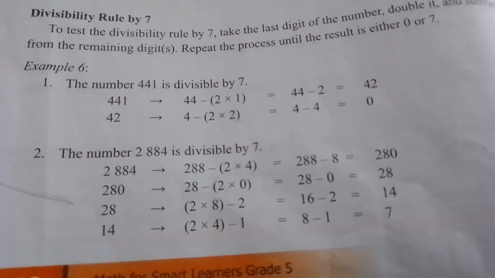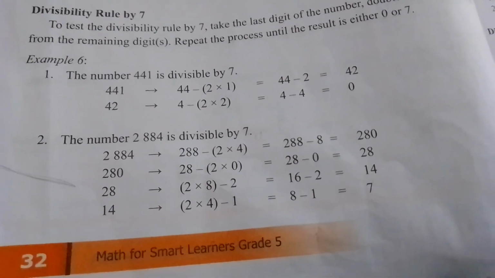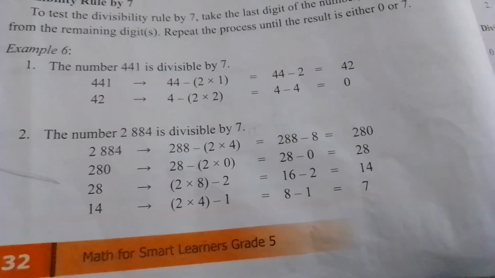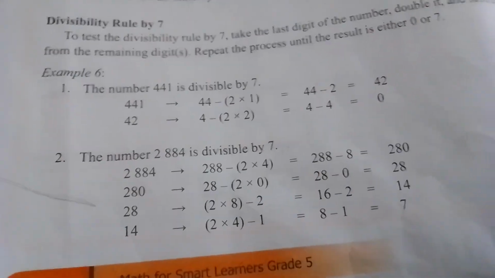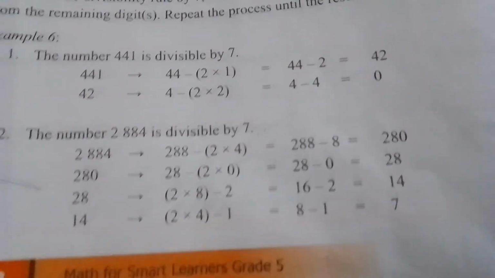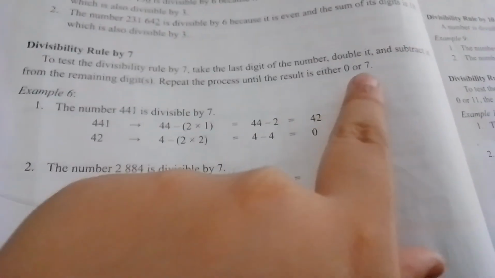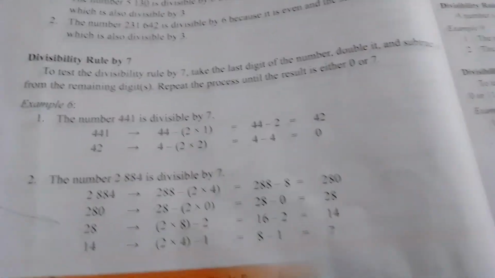Now we have 28. Then 2 times 8 is 16, and 2 minus 16 and so on. Subtracting again, 8 minus 1, it will be 7. It is 7, so it passes the divisibility rule by 7. It's really important. Like this, you can use the parentheses.